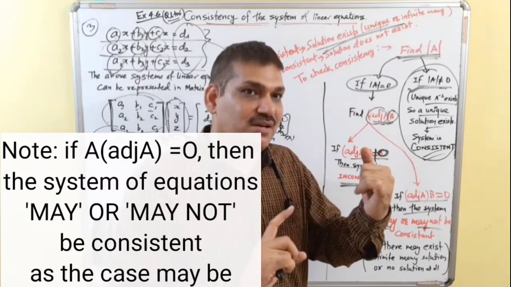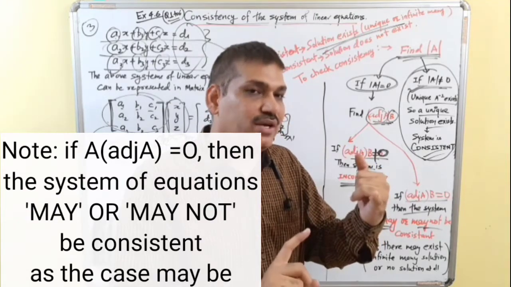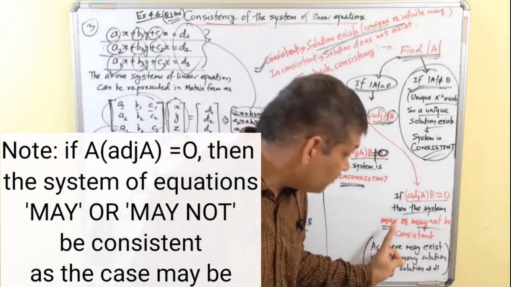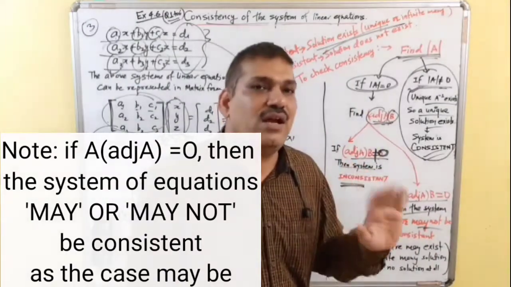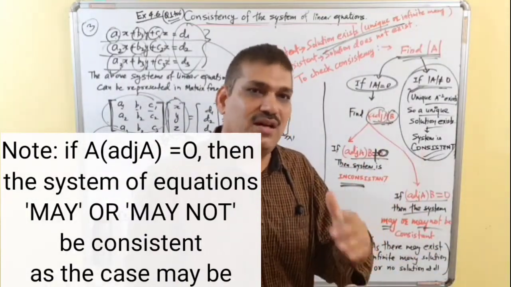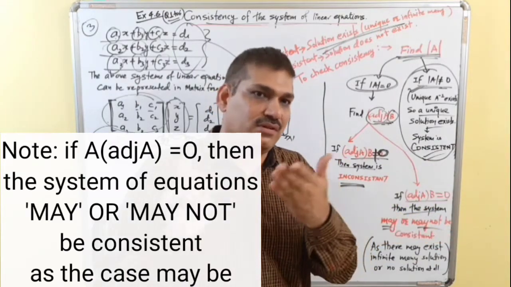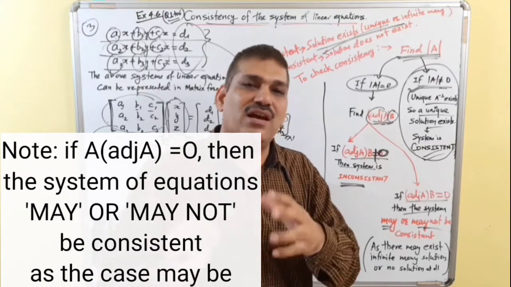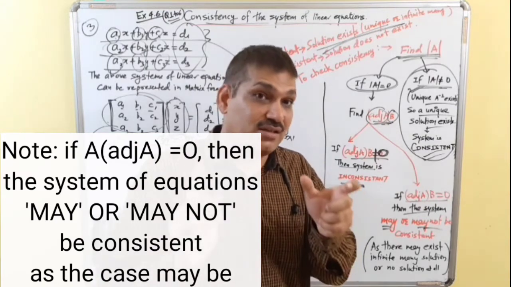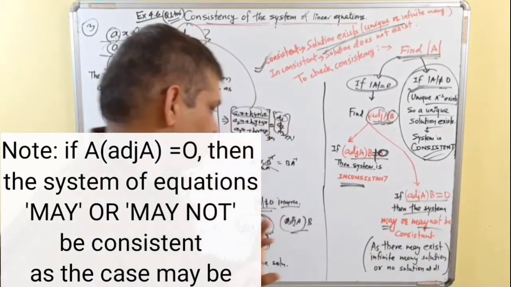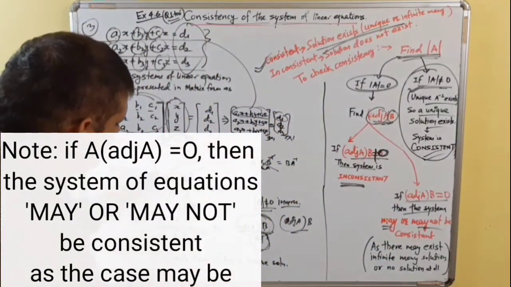Sometimes the limit can be evaluated and sometimes the limit does not exist. See here, it may or may not be consistent. And how do we check? Either you learn Cramer's rule, or, as we studied in the previous classes, elimination of variables and other methods can find the solution. I'll discuss this part particularly. Let's have an example.